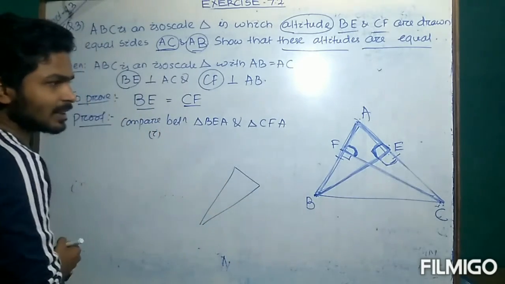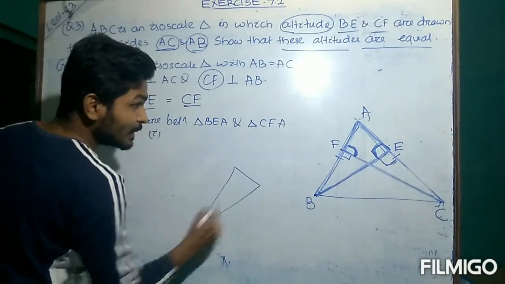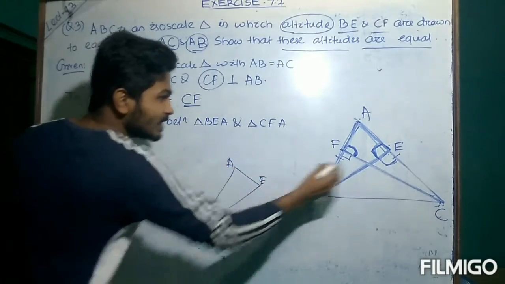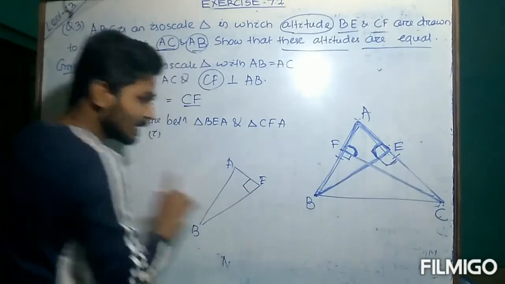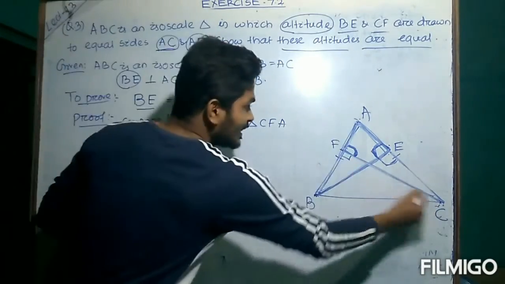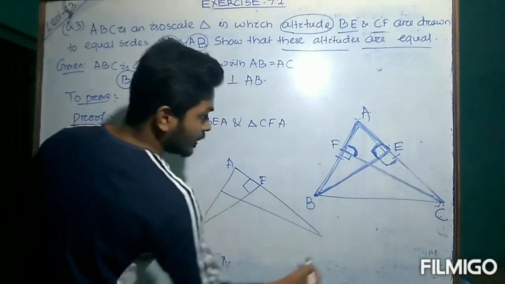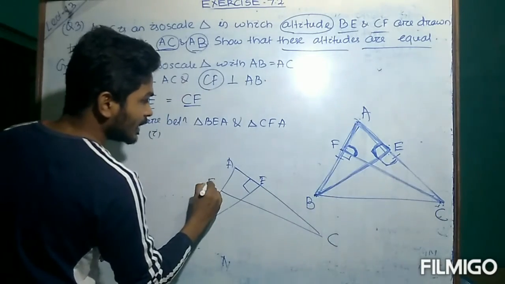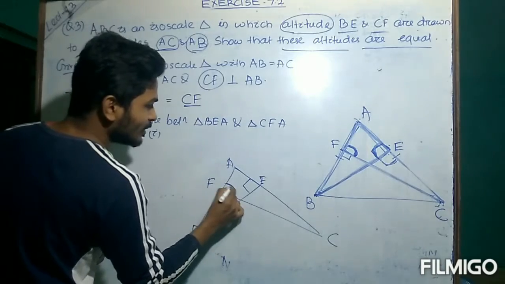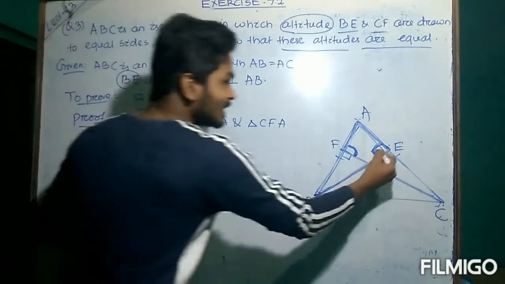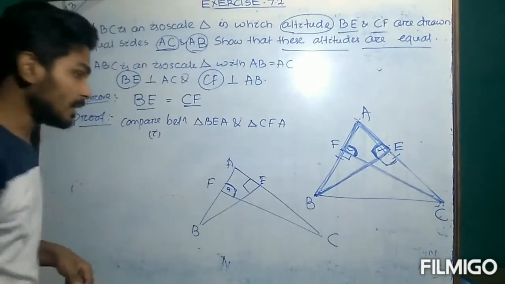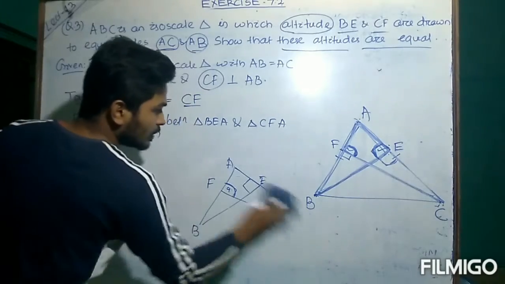We have chosen this triangle. In this triangle, this is B, this is E, this is A. This angle is 90 degrees. Clear? Similarly, in this triangle, this is C, this is F. This angle is also 90 degrees. So you can write that this angle is equal to this angle. Understood? Don't be confused.